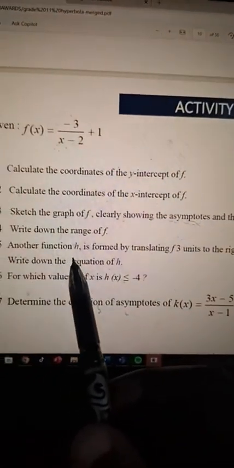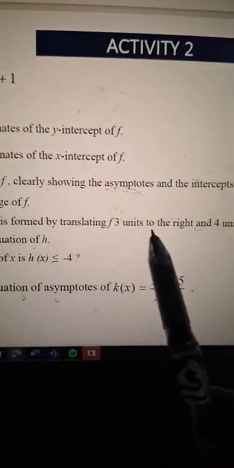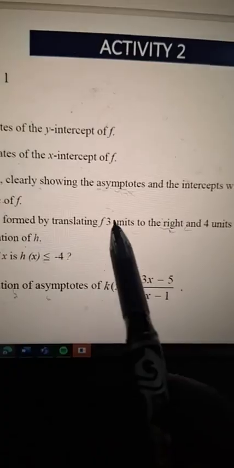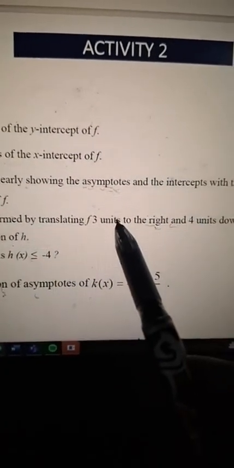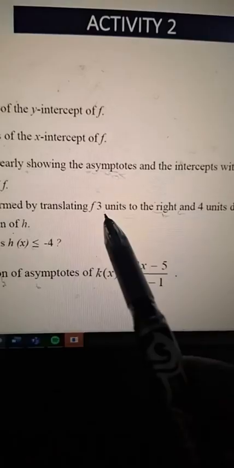So this is basically what we are saying: another function h is formed. So I write h of x. How is h of x formed? By translating f 3 units to the right. So I repeat, 3 units to the right, so for x we are subtracting 3.